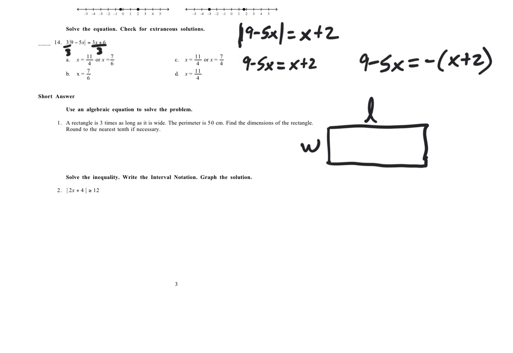But we don't know what the actual value is. So instead of writing L, I'm going to write that as 3W. The reason we do that is because I want everything in terms of one variable, because I want to be able to solve. How do I find the perimeter of a rectangle? What am I doing when I find perimeter?